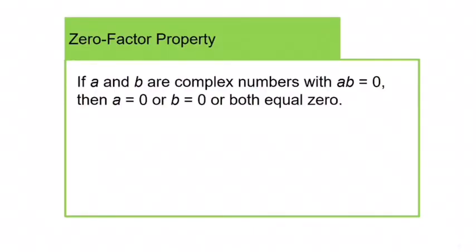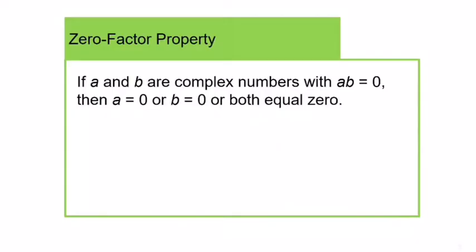In order to solve by factoring, we'll have to use something called the zero factor property. The zero factor property is something you already know and understand, but you may not ever have called it by this name before. The zero factor property says if a and b are complex numbers with a times b equal to 0, then either a equals 0 or b equals 0, or they both could equal 0.